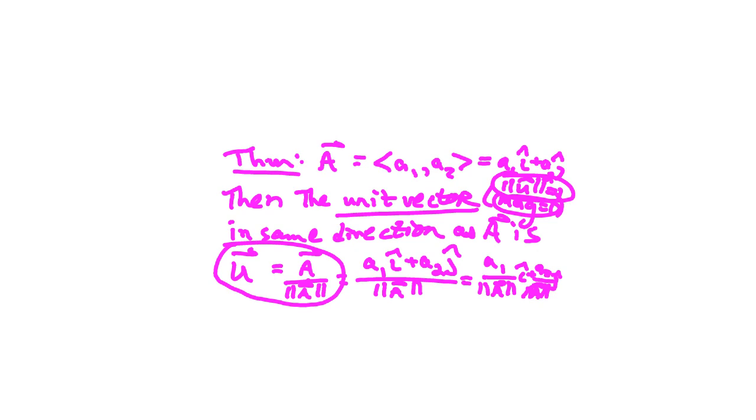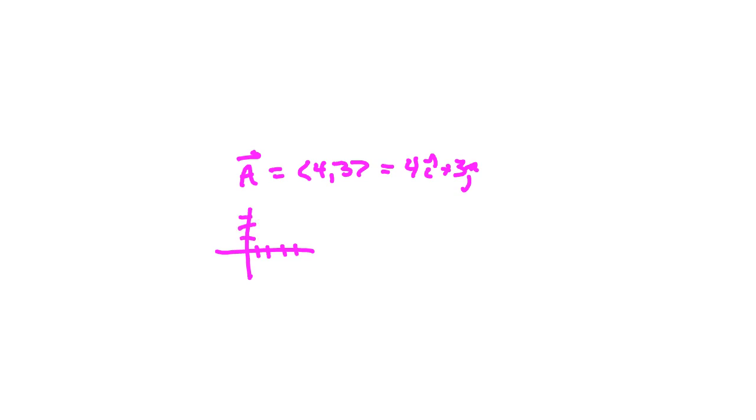Whoops. Clear that. Go back. All right, and so we had my a vector was 4, 3, which was 4i plus 3j. And of course, we had a picture of this, right? So over 4, up 3, I believe is what I had.